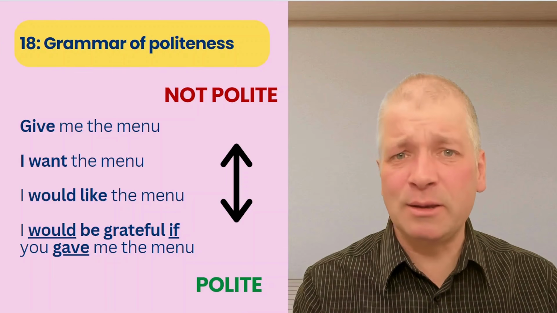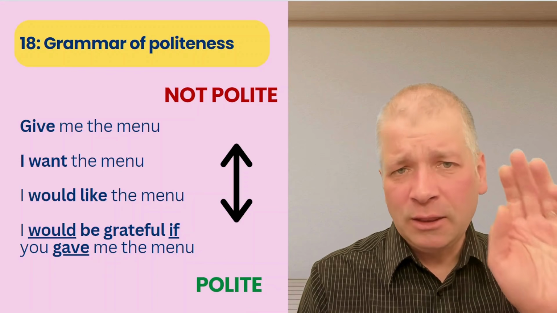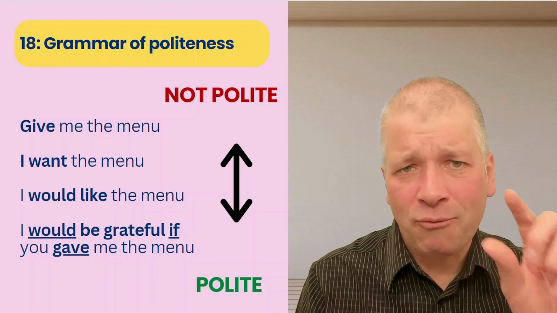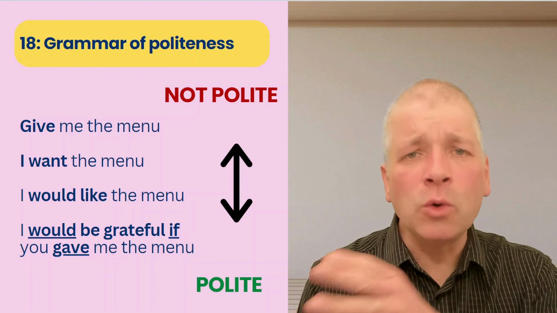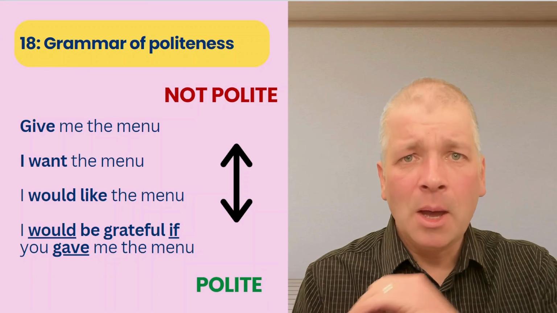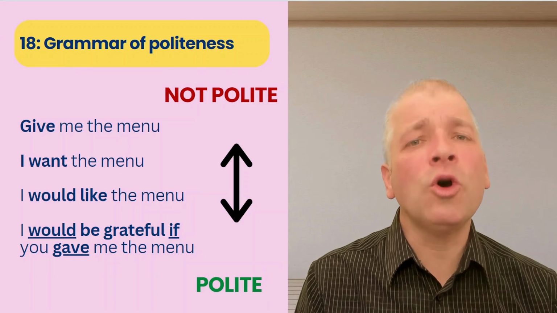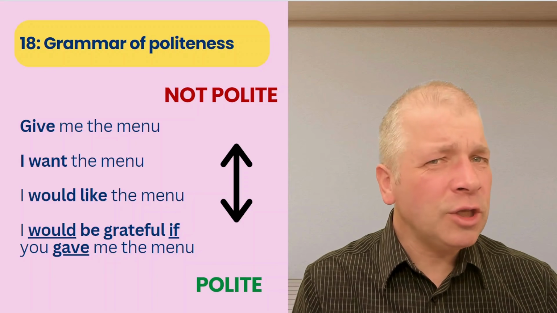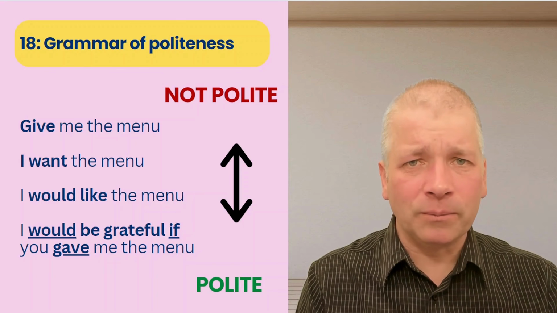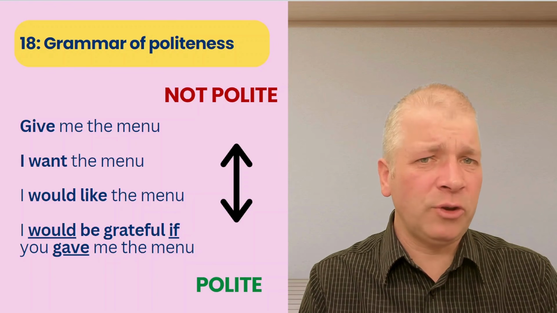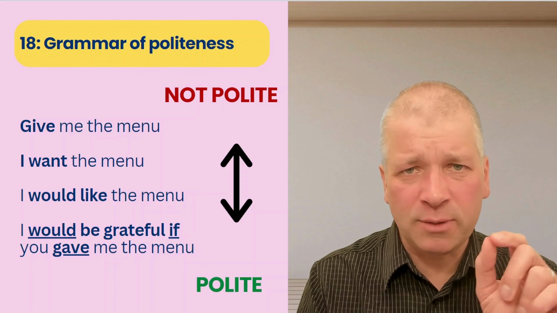We can create distancing through time. In the first 2 examples, we have the present tense, give me the menu, I want the menu. But then we introduce the word would. Would is often used as the past of will. So in the third sentence, we introduce a sense of the past by using would.